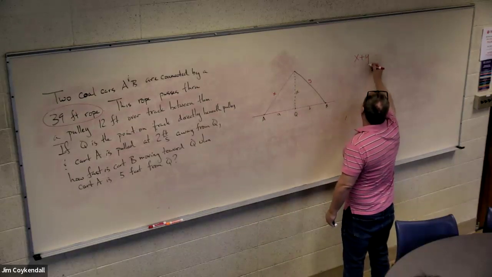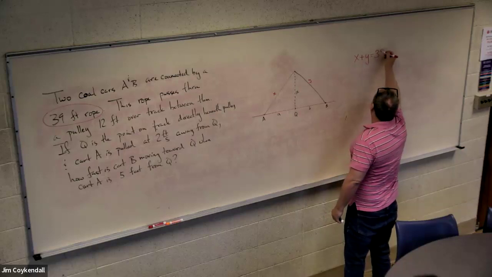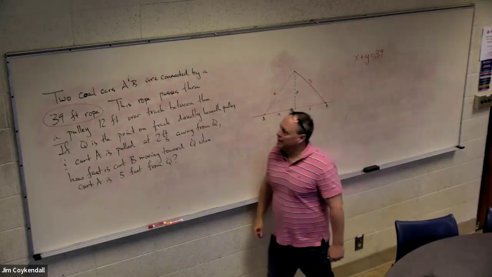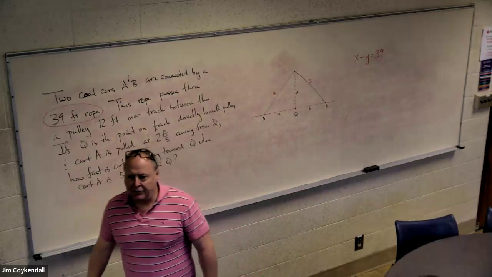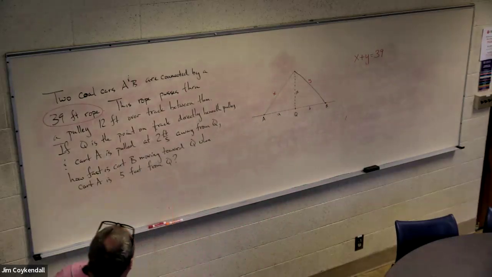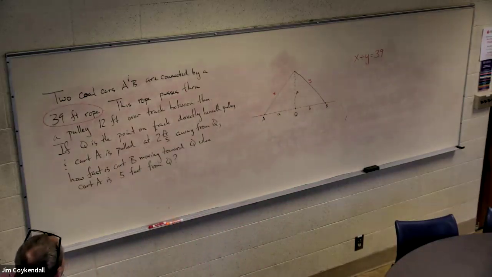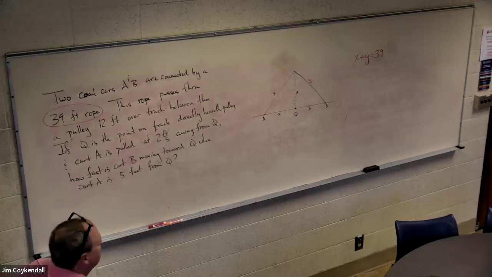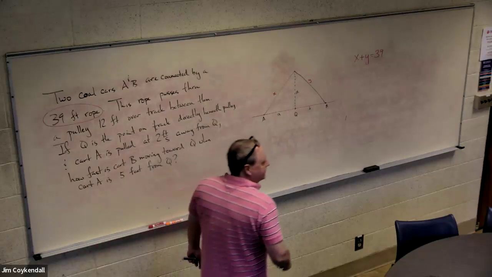Good job. This rope passes through a pulley 12 feet up. I think I've got that covered. Q is the point on the track directly beneath the pulley. Got that covered in the picture too. Okay, cart A is being pulled at 2 feet per second away from Q. What's that?